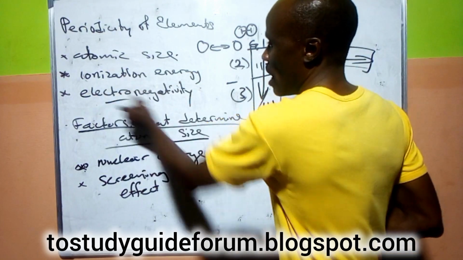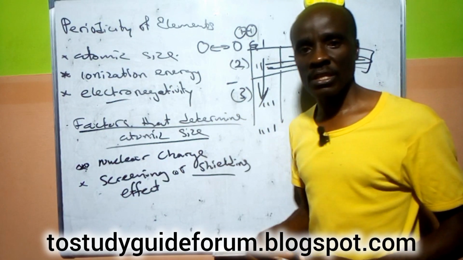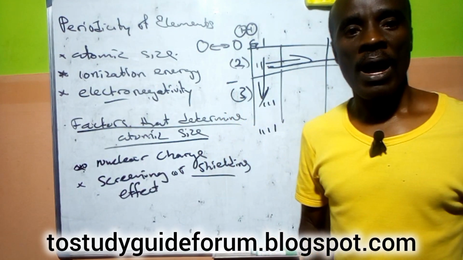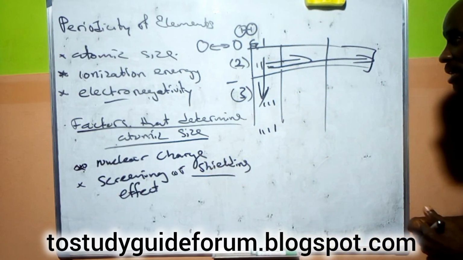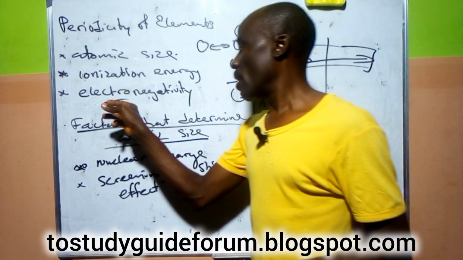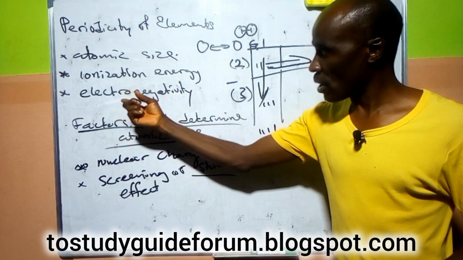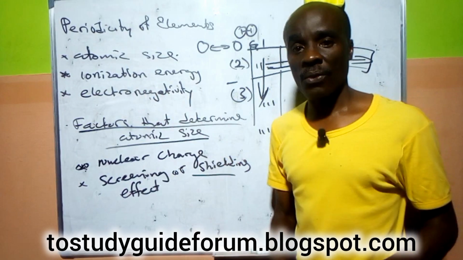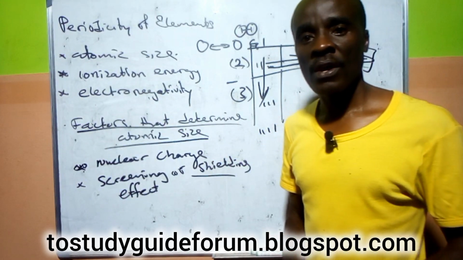And the last one, electronegativity. Electronegativity is the ability of an atom to form a negative ion. That's how I remember it: the ability of an atom to attract electrons to itself to form a negative ion.